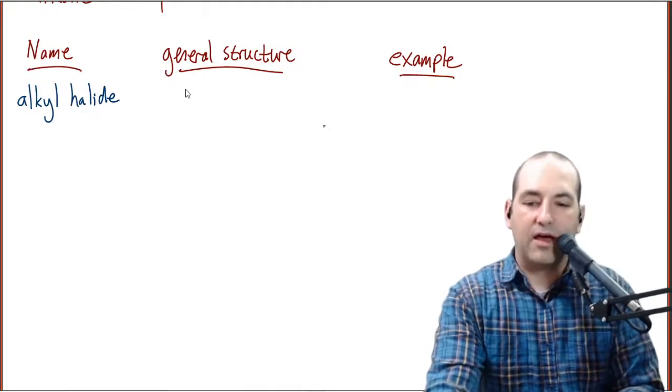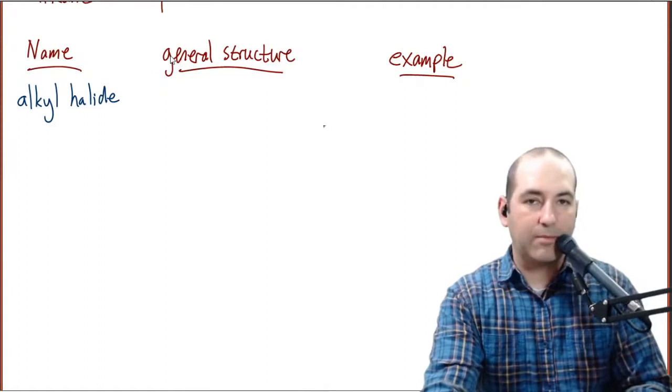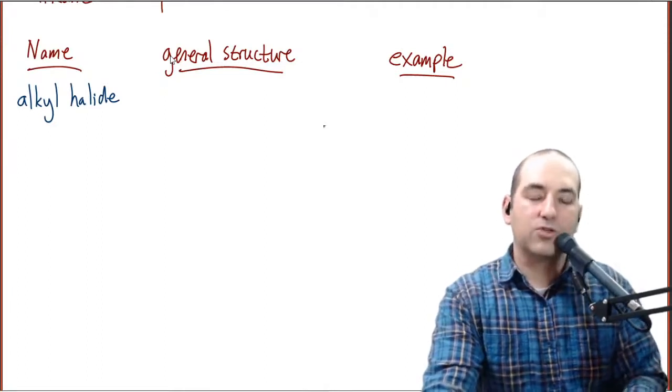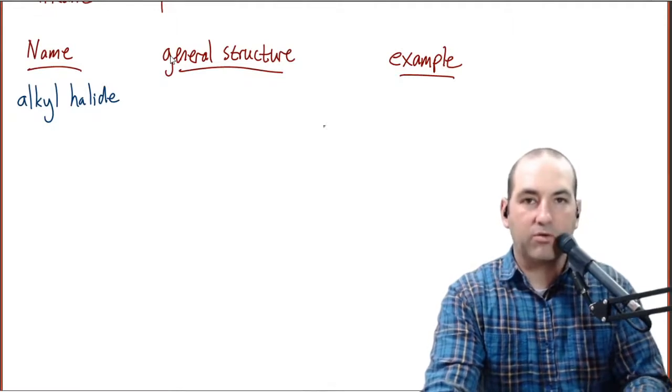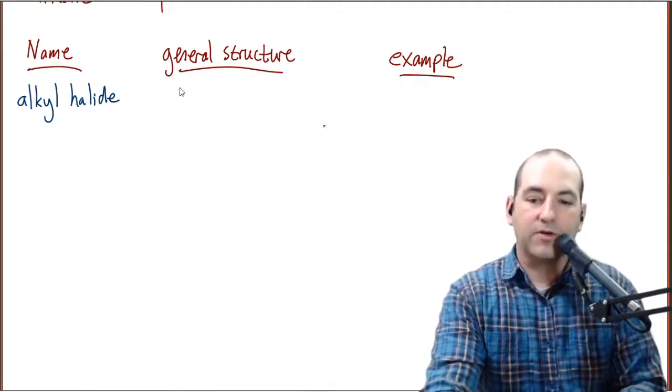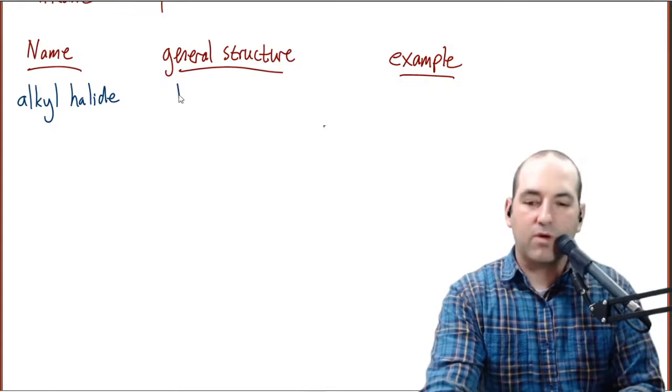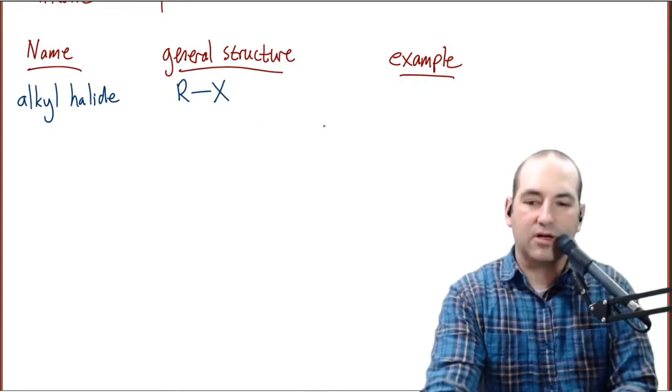An alkyl halide is where we have some carbon-containing molecule, some organic molecule that is connected to a halogen. That's where halide comes from. Remember, the halogens are fluorine, chlorine, bromine, and iodine. So for general structure, we're going to use what we call wildcards. We're going to draw RX, and let's talk about what that means.